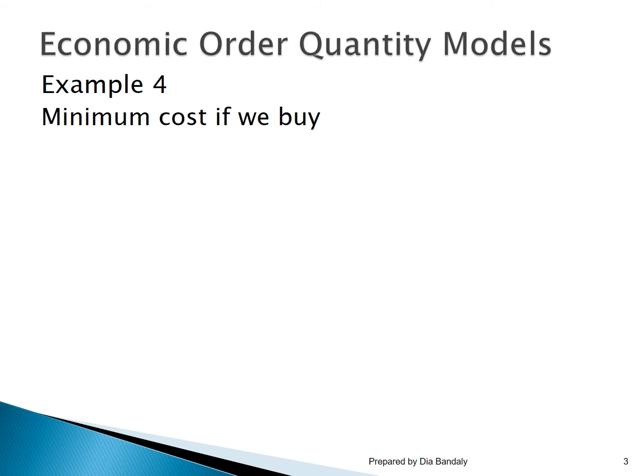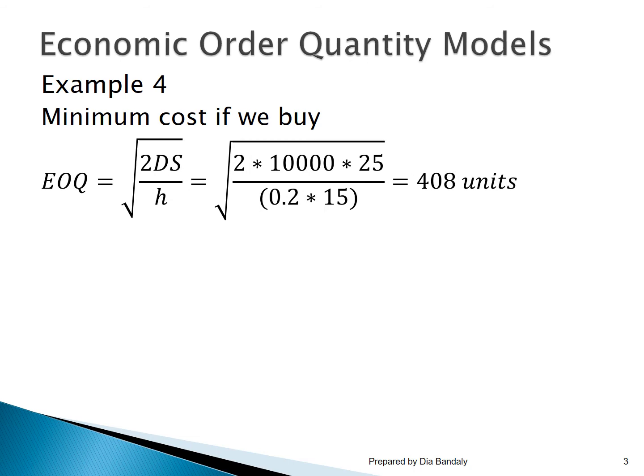And we have learned from the EOQ and the EPQ that the minimum cost of purchasing comes from purchasing the optimal quantity, the EOQ. So let's find the minimum cost if we buy. Now you know that we have to find the EOQ. Here we go. Now you are familiar with applying this formula, but there is something that I need to highlight here for you.